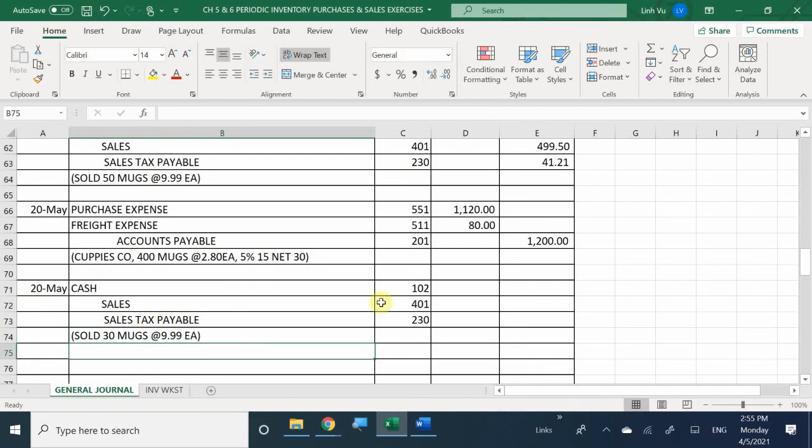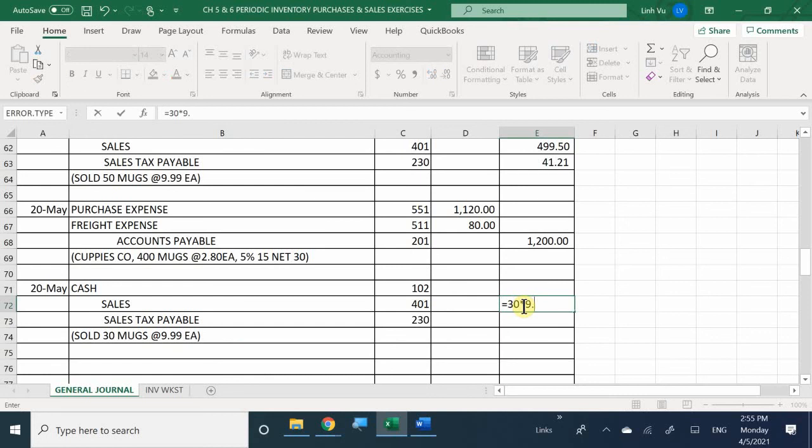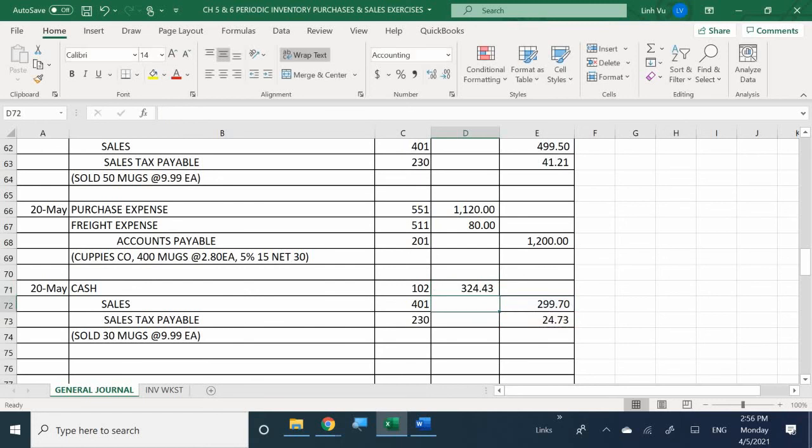Good. So what's my total sales? $299.70. Good. What's my tax on that? $24.73. Good. Bringing my total amount of cash to be $324.43. Good. No worries.